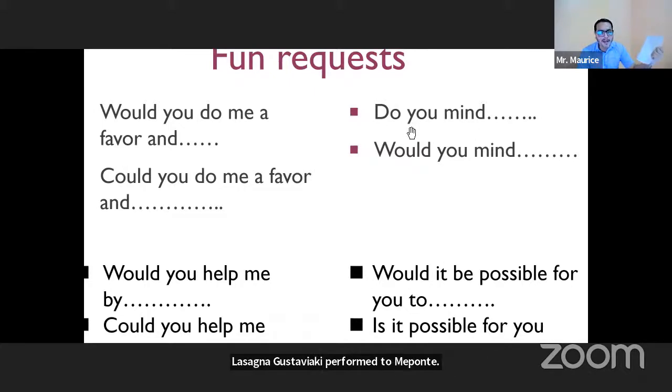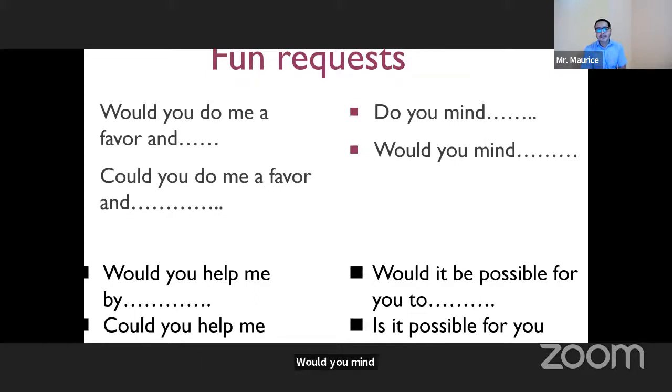Do you mind? ¿Te importa? It's a less direct way to make a request. Do you mind? ¿Te importa? The next one, would you mind? ¿Te importaría? Would you mind?